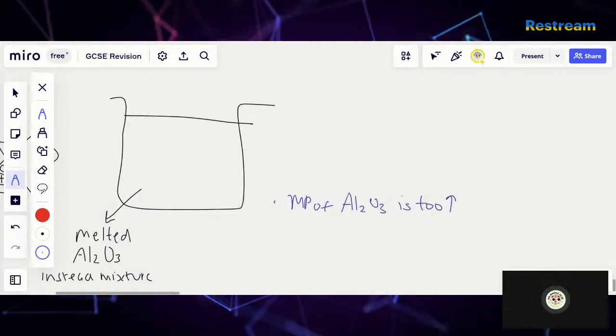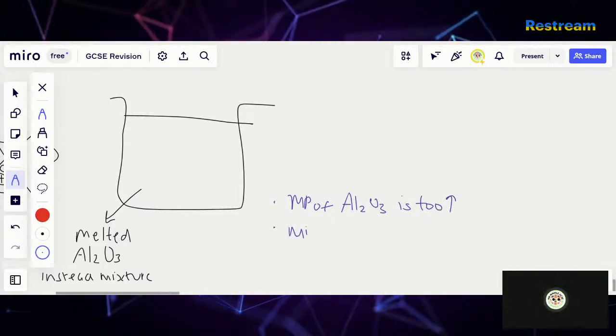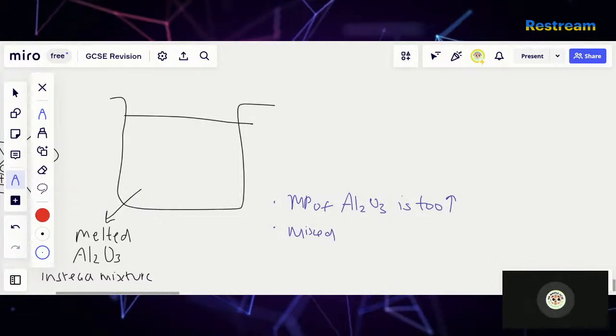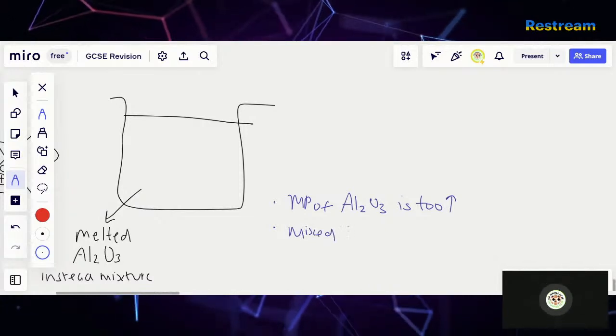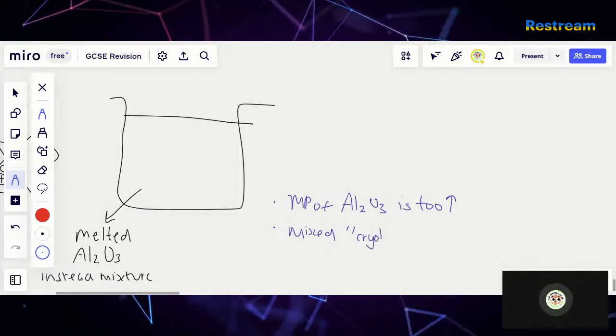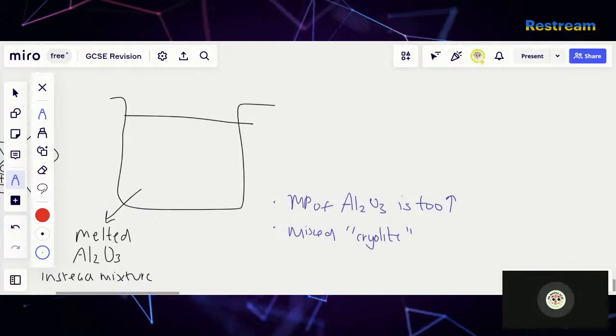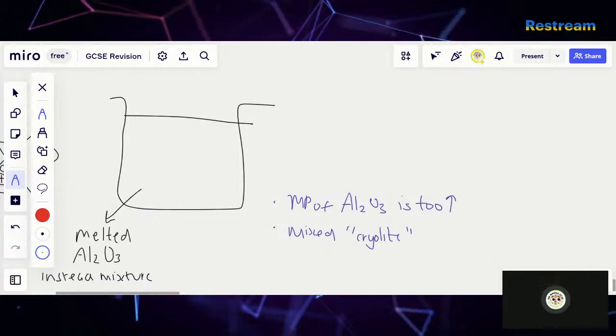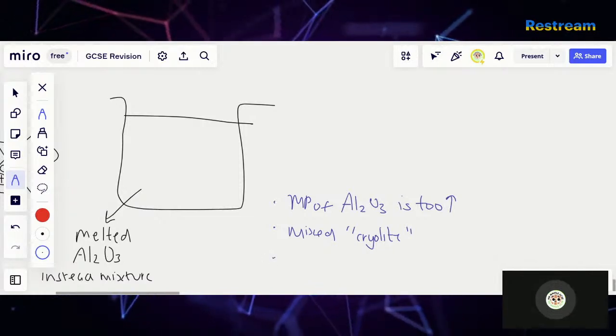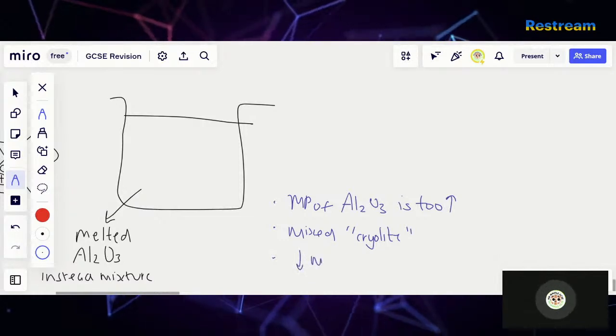And because it's too high, it's then mixed with something. Now, in this case, it's called cryolite. So aluminium oxide, because its melting point is so high, is mixed with a substance called cryolite, which then reduces the melting point.